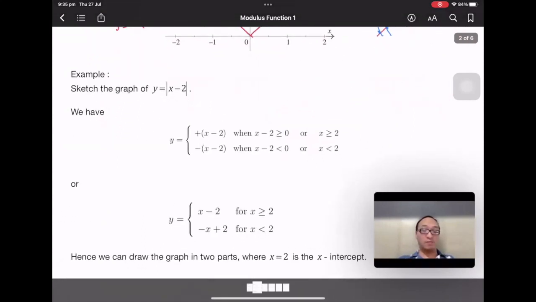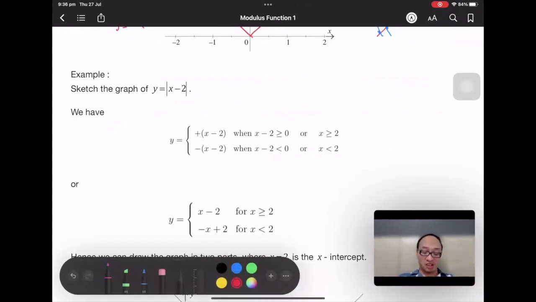Example: sketch the graph of the absolute value of x minus 2. The modulus function and absolute value are the same here, the only difference is in the name. So based on the definition, the absolute value of x minus 2 can have two answers.